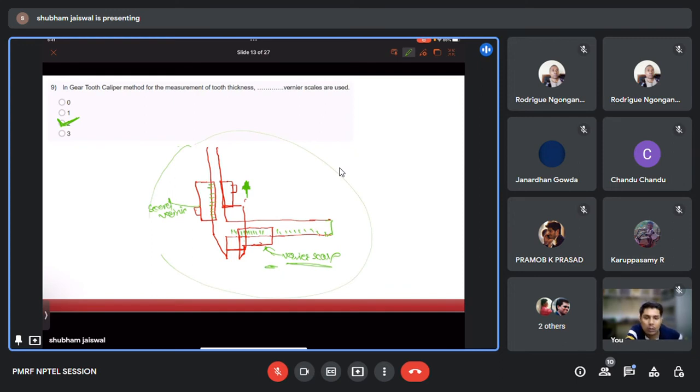The vertical one, with respect to this plate, we will fix the height as that of the addendum, and then we will keep our tooth here. This is the pitch line, and then we will measure the tooth thickness by moving this horizontal vernier scale. Okay, so moving to our next question.